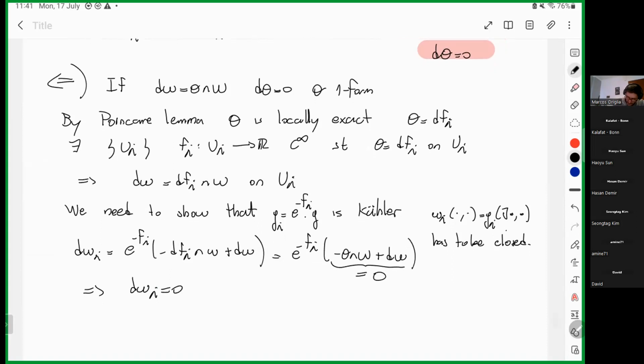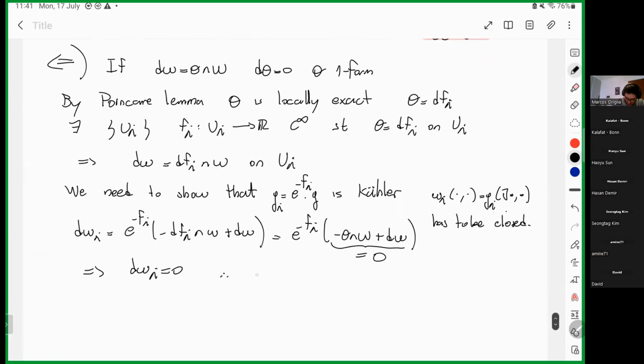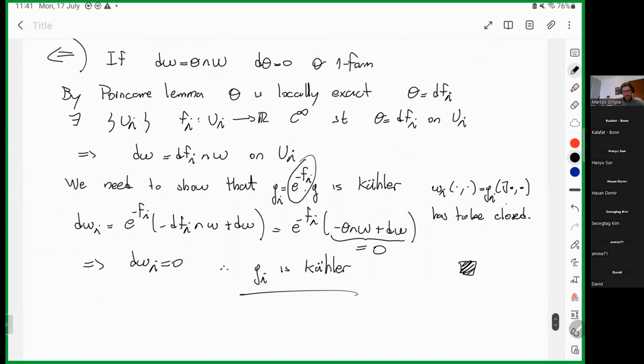So ωi is closed and gi is Kähler. That is how we show that if you start with the condition dω equal to θ wedge ω, you can construct this open cover and these functions and prove that locally your metric is Kähler up to this conformal change.